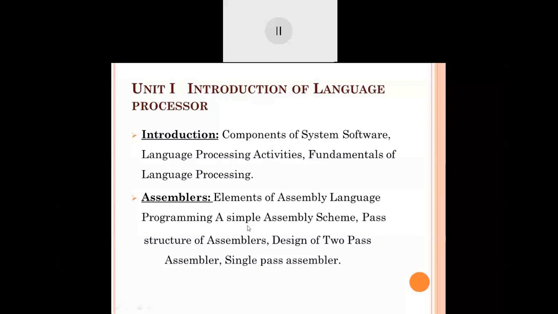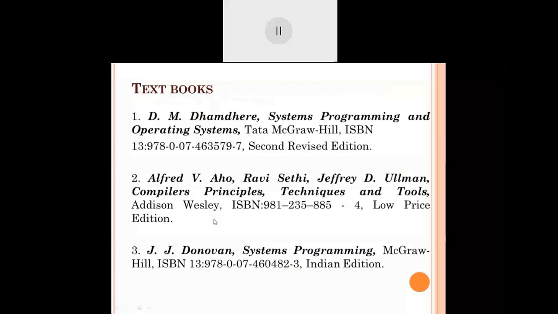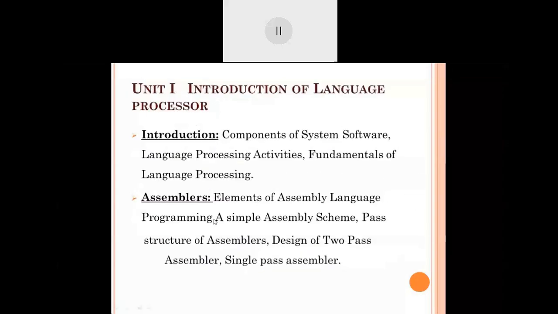And assembler, when we think about assembler, is one of the language processors. This is an example of a language processor. So here we are going to learn in detail about the assembler and how to design or implement assemblers. Elements of assembly language programming: here we again need a prerequisite subject like your microprocessor-based system.